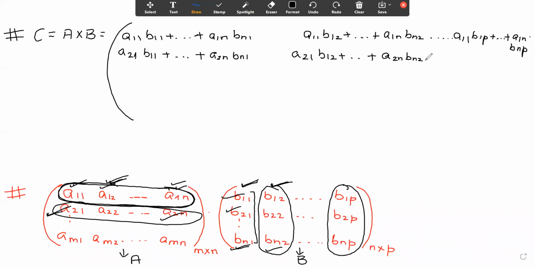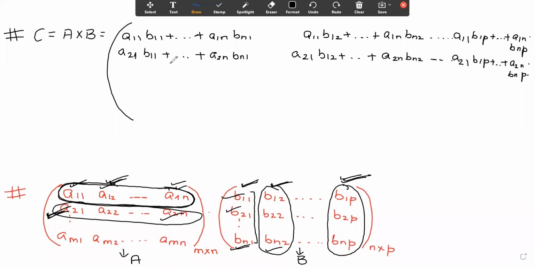And similarly, I can stretch it forward and multiply the second row with the last column. So this is going to be A21 times B1P, and I can stretch it to A2n times BnP.